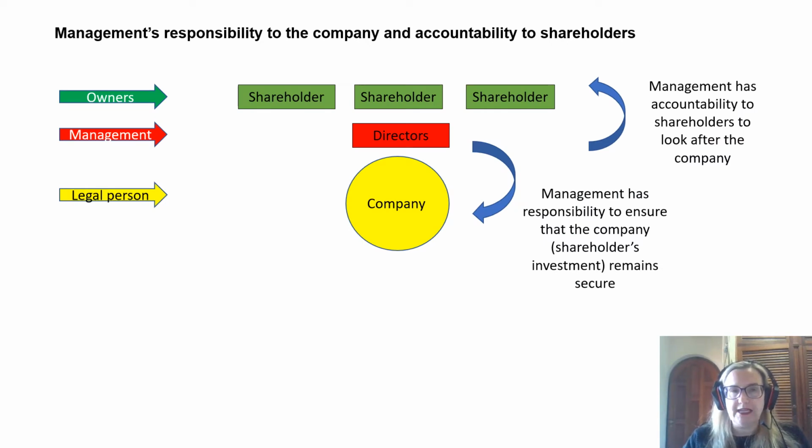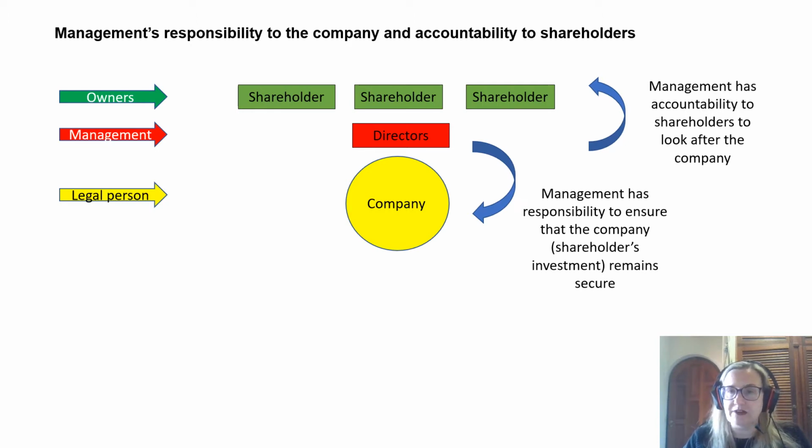Let's have a look at the responsibility and accountability relationship. Just looking at that concept of accountability and responsibility that we find in that agency relationship. So the shareholders are the owners of the company. They appoint the directors to take care of the company.